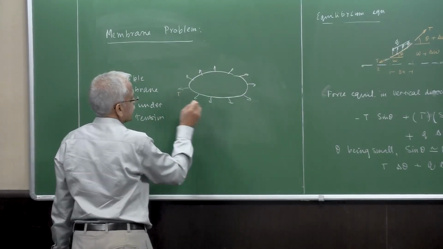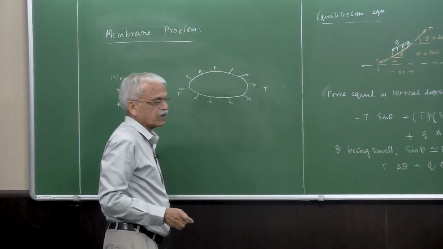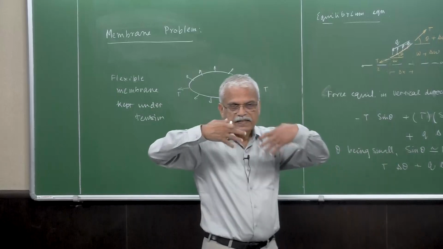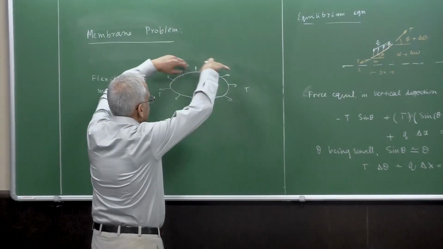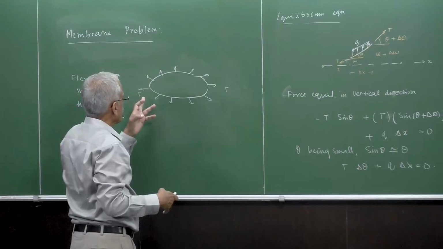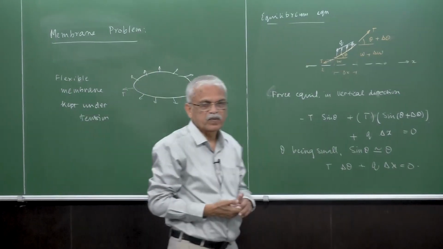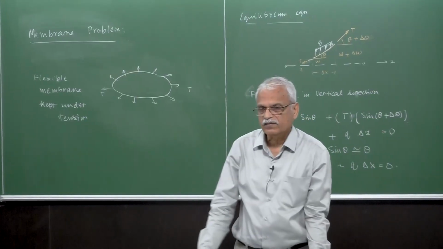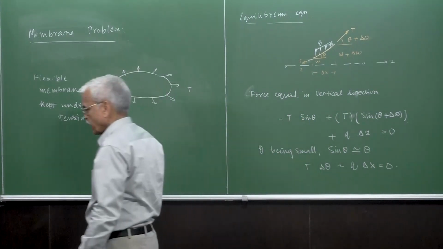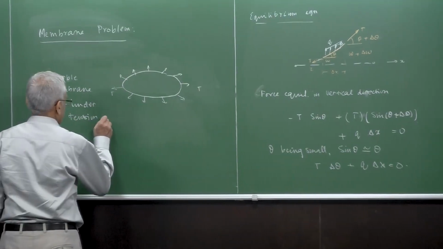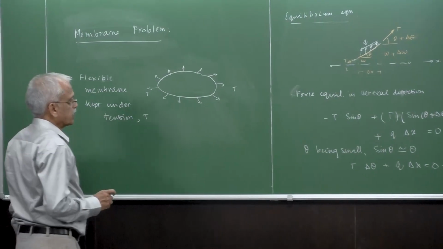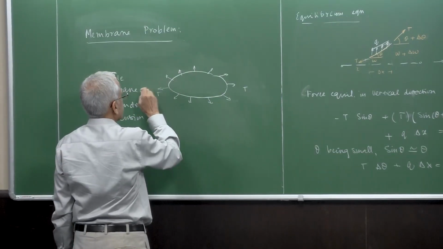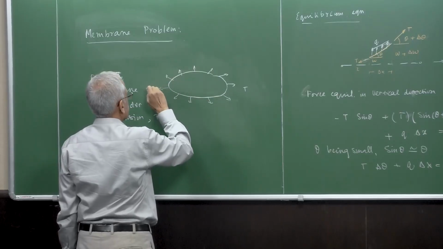So in fact, this is T, which is there all around. Compared to this one-dimensional problem, here the T, we assume that it is distributed all around. Okay, so T is actually the force per unit length here, whereas in the earlier 1D problem, it is just the force. So T is distributed all around the membrane. Okay, so this is how I have drawn it.